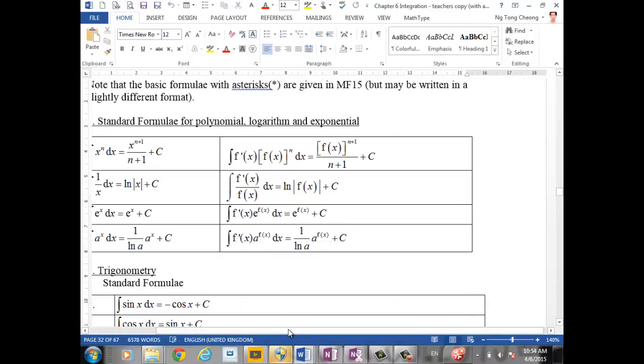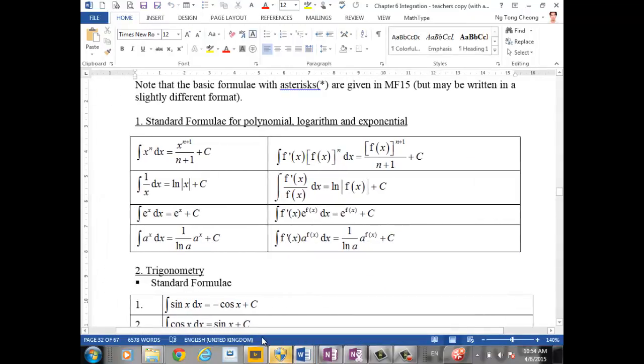Do you think this will help you to solve question 2? Or do you think the formulas in your MF15 are relevant? Any suggestion how to proceed using the technique shown here?